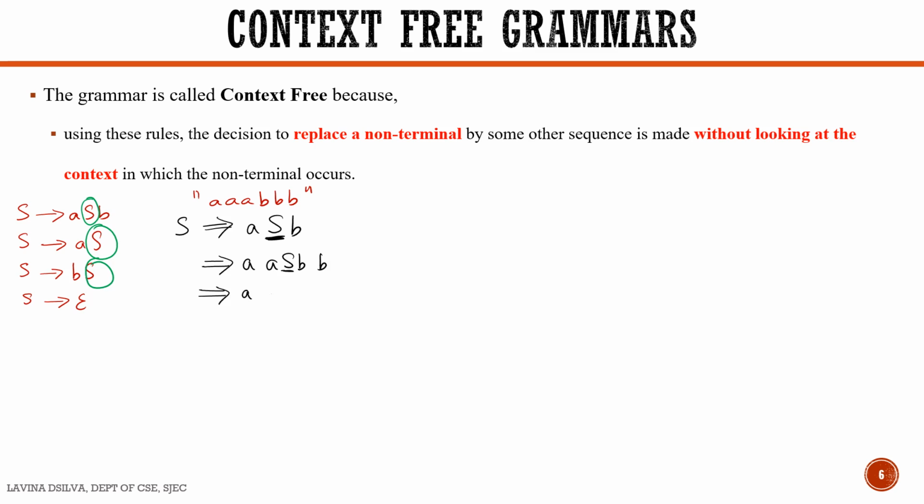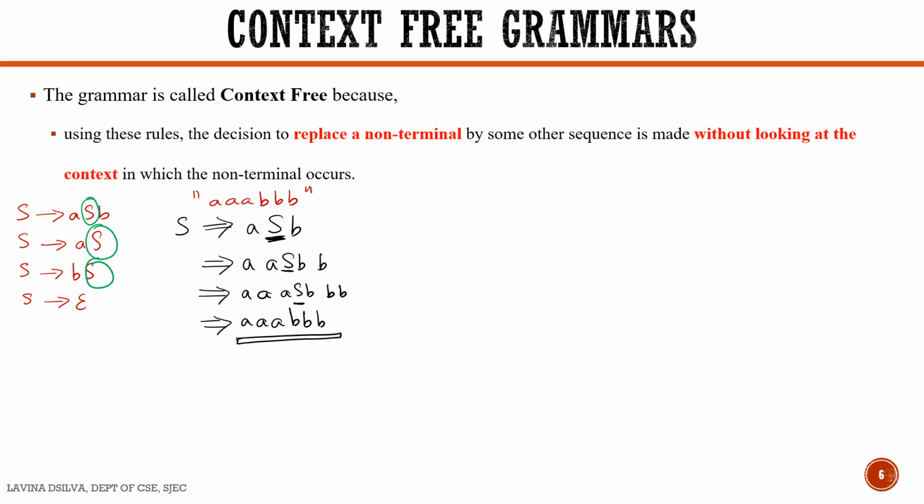So it is AASBB. Again, I have taken rule number 1. And then finally, I take rule number 4, that is S tends to epsilon, in order to obtain the string. So I got the string which is required, AAABBB. Now here, when we derived this, we did not see the context of the rule. We just replaced S by the required string.